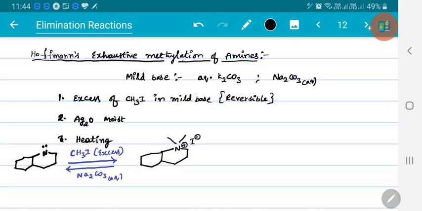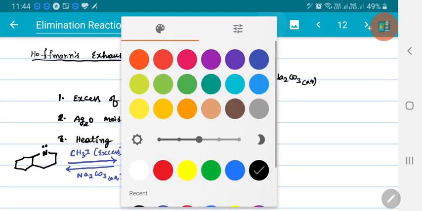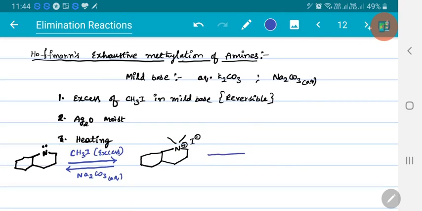Now here when we use moist silver oxide, that means a weak base, right? Ag2O moist, or we can use AgOH, whatever it may be. When we use it, first this I minus is replaced by OH minus, so this leads to some intermediate.